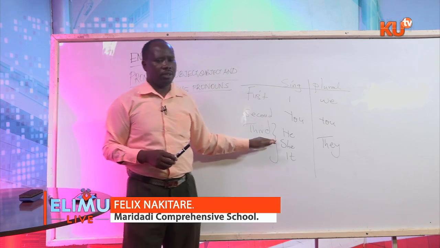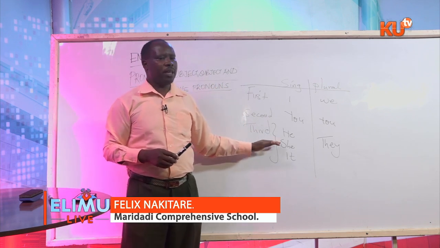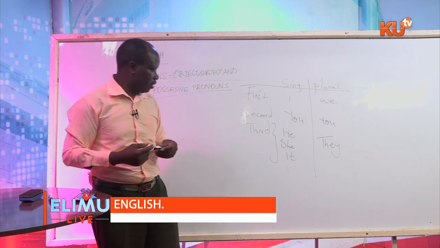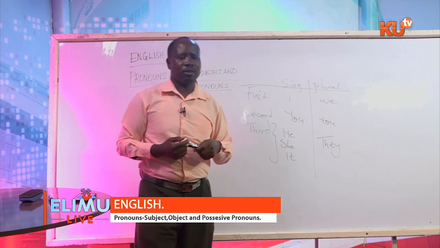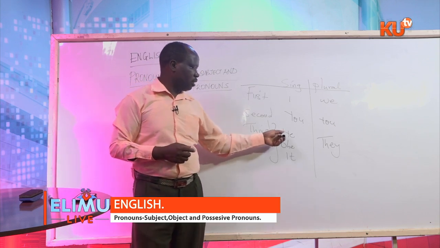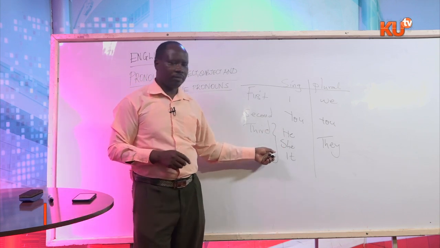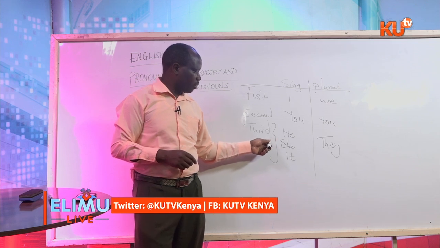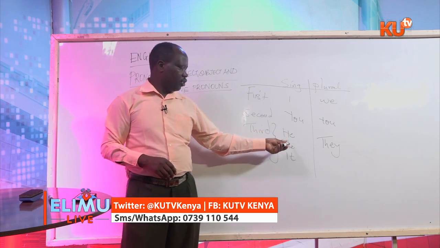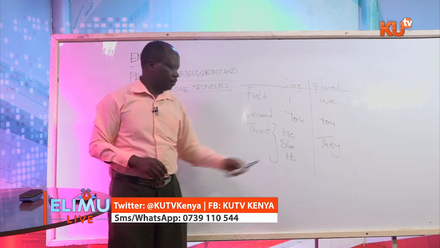Then third person means a person who is not close to me. This is the person I'm talking about. Maybe I'm thinking about that person, or I'm referring to that person because this person is not close to me. And the pronouns used in singular, we have three: he, she, and it.